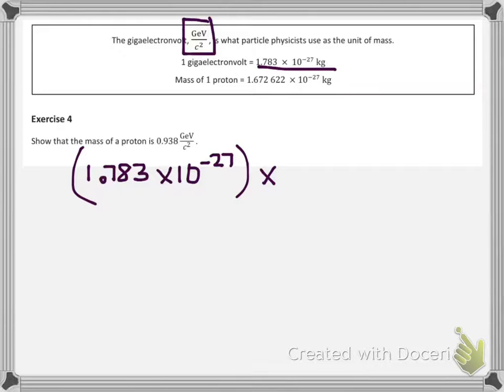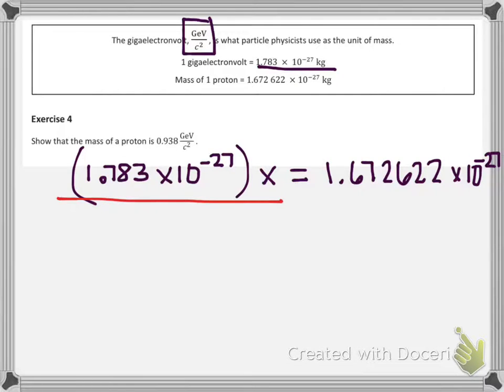All right, so there's our x, and then that's going to be equal to the mass of a proton, 1.672622 times 10 to the negative 27th. Okay, and then using our algebra skills, we would isolate the x by dividing by this giga electron volt, 1.783 times 10 to the negative 27th.